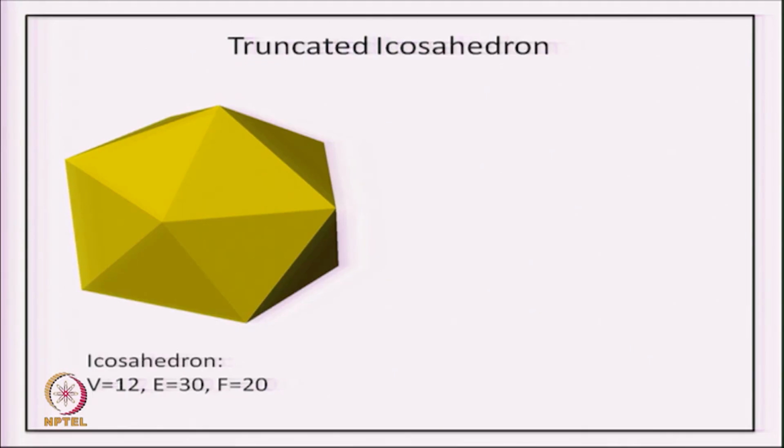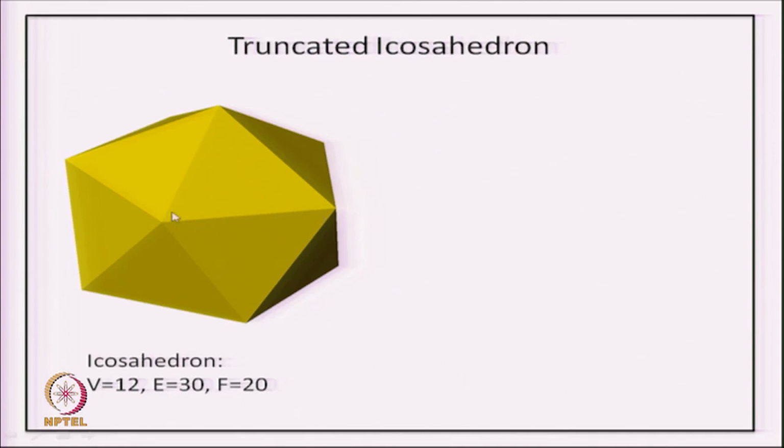The icosahedron, shown here, is one of the platonic solids or regular solids. I will have a separate discussion on platonic solids. For the moment, let us just look at this icosahedron. It has 12 vertices or corners, 30 edges, and 20 equilateral triangles.